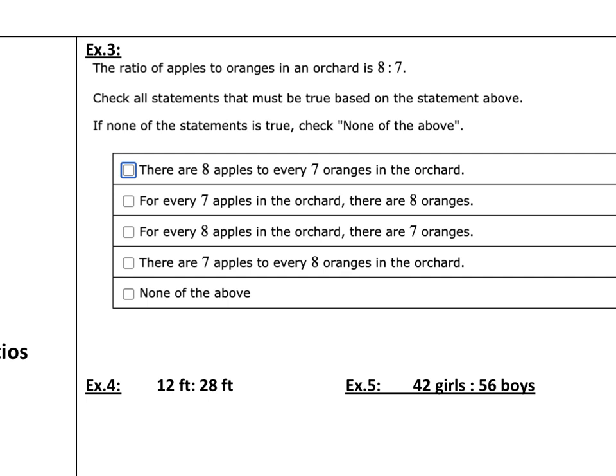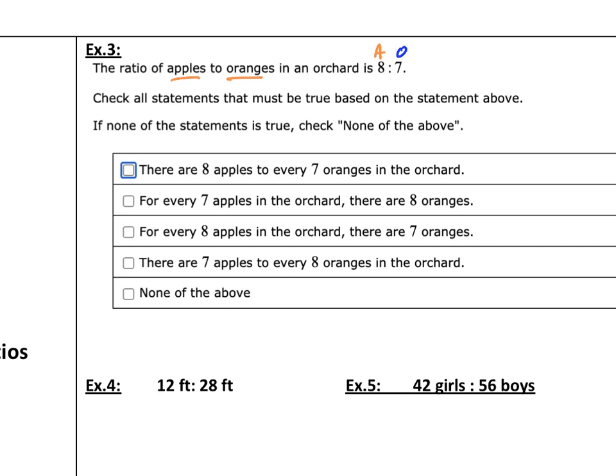So with this one, they're going to ask you in your assignments to look at the ratios and understand something, right? So you have apples and oranges. You've got to understand that these are your apples, these are your oranges. And of course, we said you're going to have to know the total.